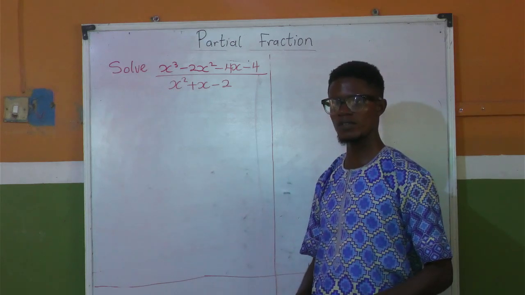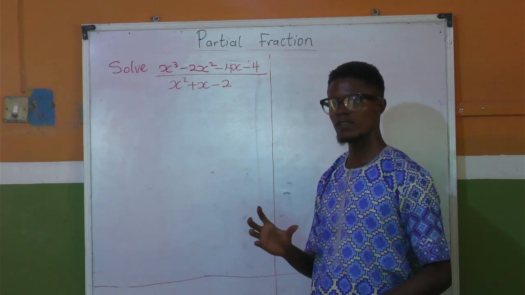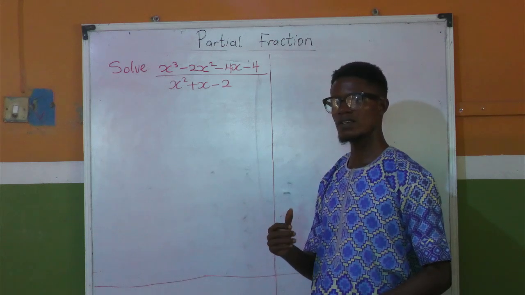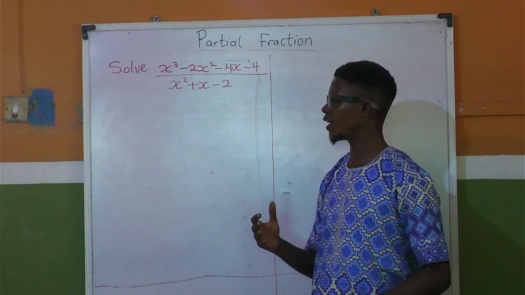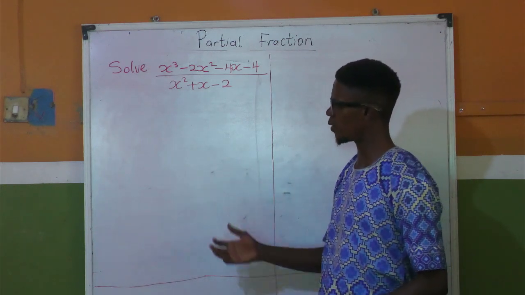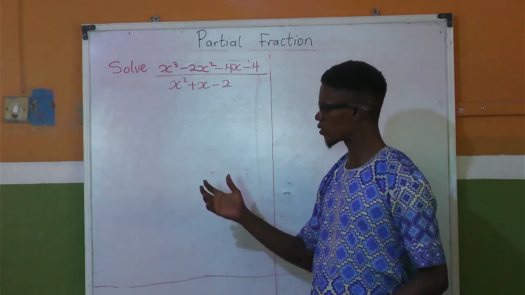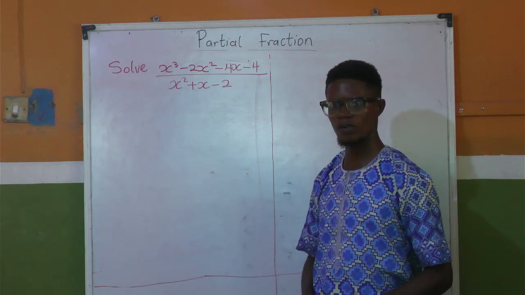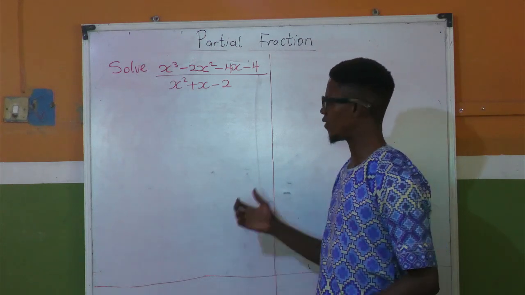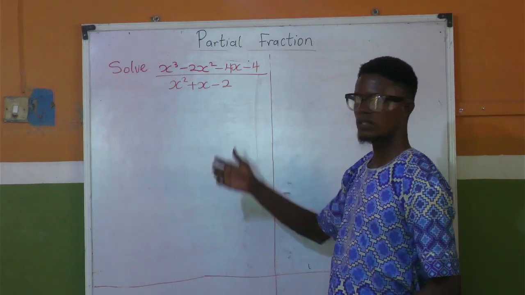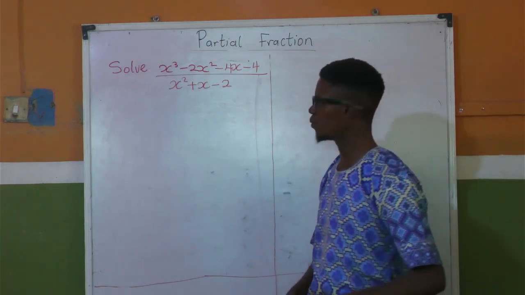So you perform a long division first to have a value that you can use to perform a partial fraction. Let's go through the following steps and see how we arrive at our answer for this particular expression. So follow me.